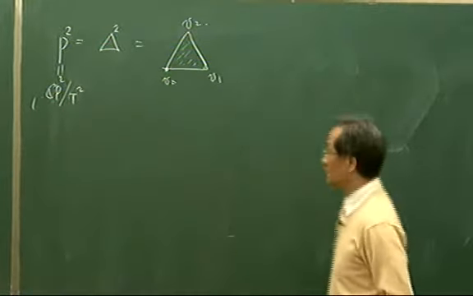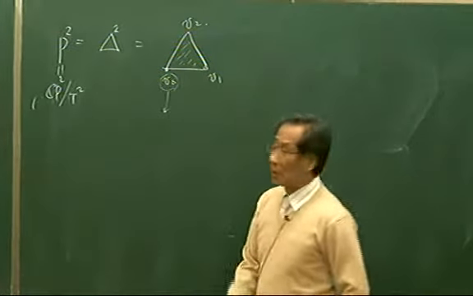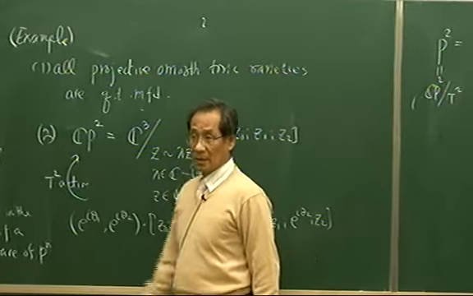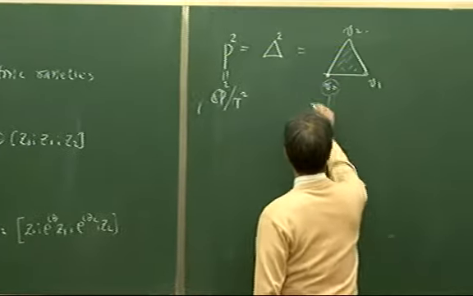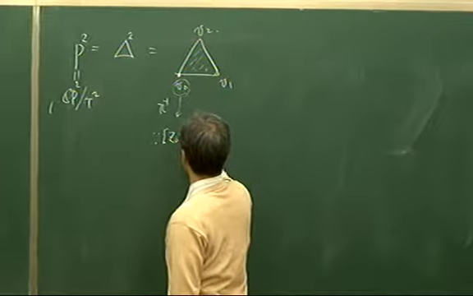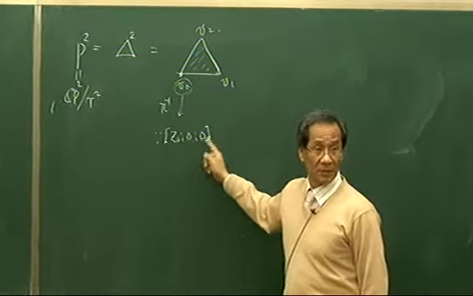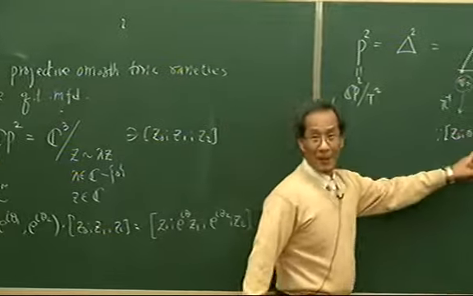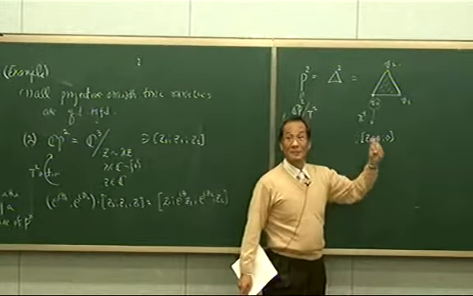And what is the inverse image of this one? How many fixed points are there under the whole group here? There are 3 fixed points. One is, pi inverse goes to Z0, 0, 0. If you multiply by any group element here, it does not do anything, right? So it is fixed.